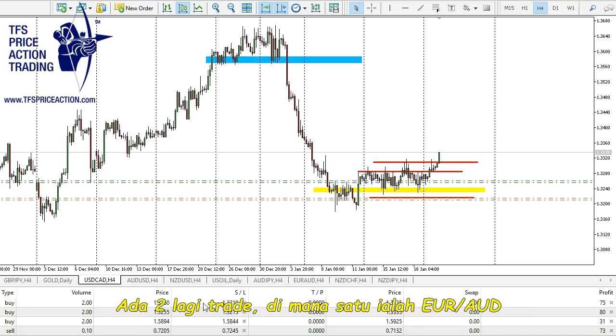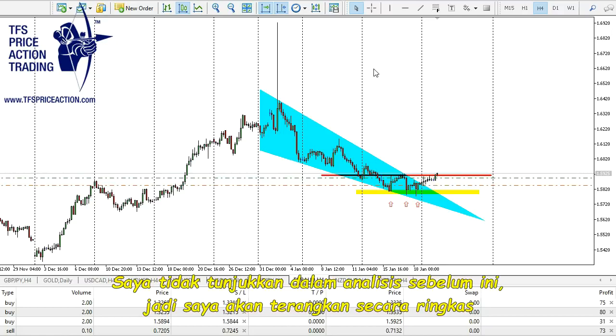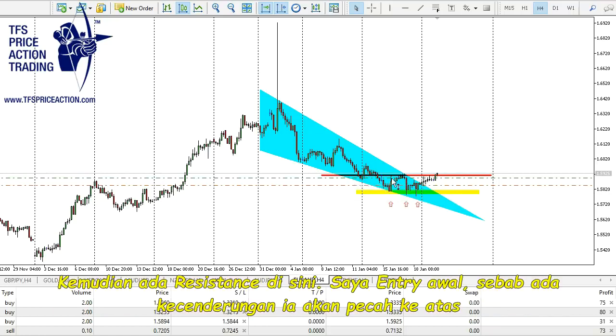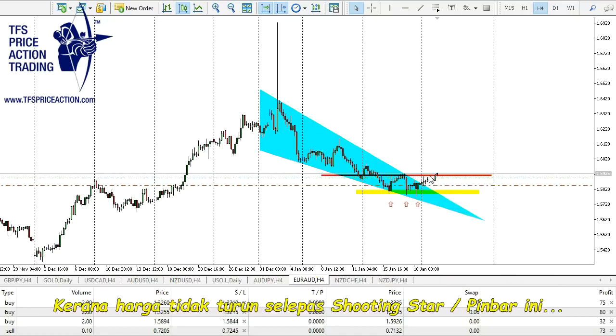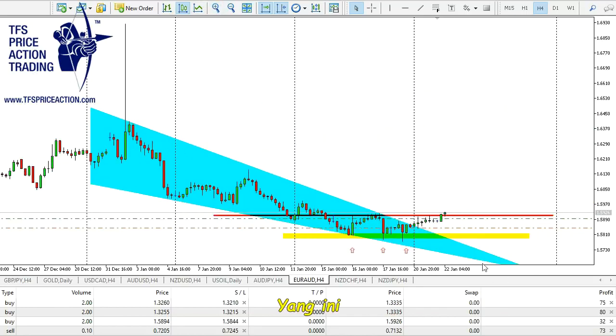The other two trades, one is Euro AUD. I didn't cover this in the earlier analysis, so I'll just show you. It's just a pattern breakout. You can see the triple bottom, and then there's a resistance level here. I took that earlier trade because there's a tendency that it's breaking up, because the price didn't go down after this shooting star or pin bar formation over here.